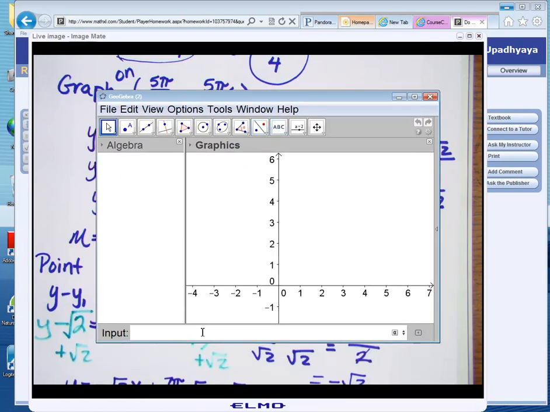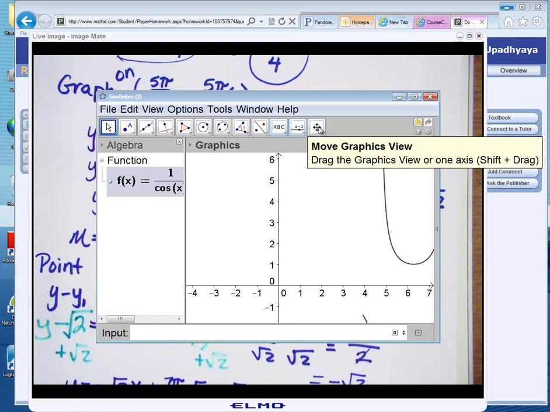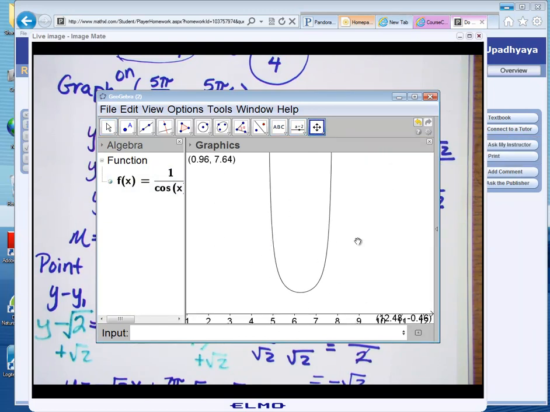So I'm going to use the if statement for that. f of x equals if x is between 5 pi over 4 and 5 pi over 2, then my function is going to be, and it doesn't do secant, so you have to do 1 divided by cosine of x. Again, it won't graph secant, so you use 1 over cosine x, and it gives me a graph. And mainly I'm interested in this part right here.